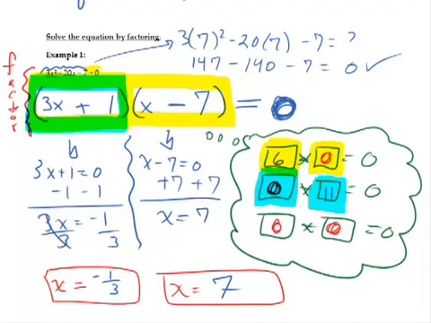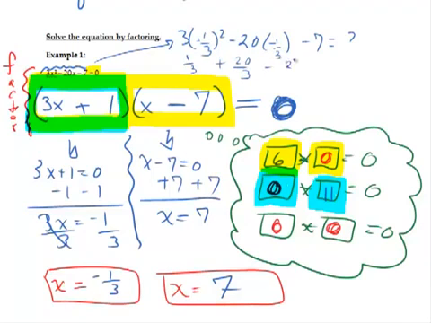Again, same thing. If we came up here and we plugged in negative 1/3, would we get a 0 out at the end? In this case, negative 1/3 squared would be positive 1/9. So 3 times 1/9 would be 1/3. And then a negative 1/3 here, the negatives will cancel, and we'll get 20/3.